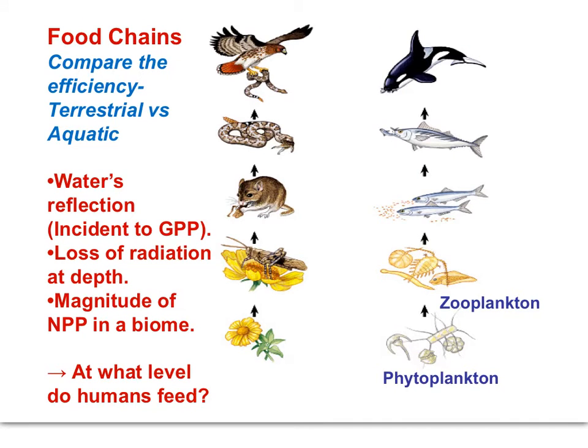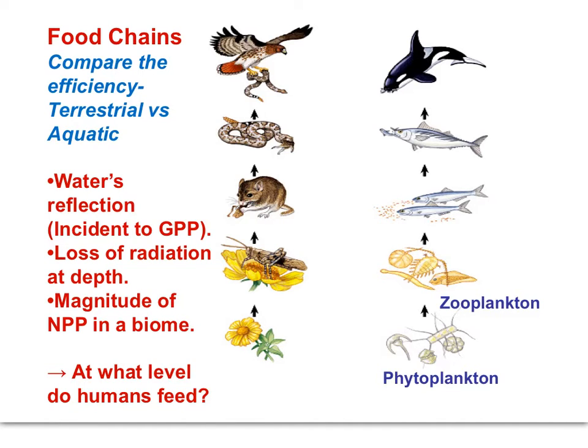So as you consider the lengths of food chains, efficiencies, and the impact of people, let's briefly compare the terrestrial and aquatic food chain. First, aquatic systems, this one, begin with a lower efficiency of solar energy to chemical energy because of greater loss of solar energy due to reflection from the surface of the water.